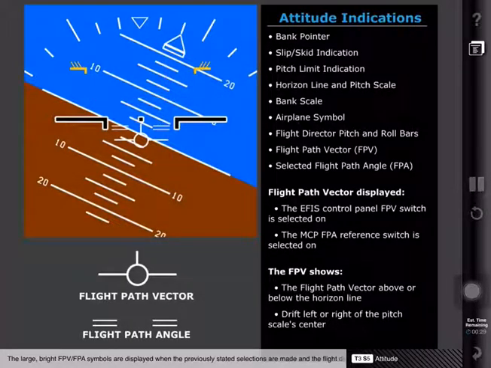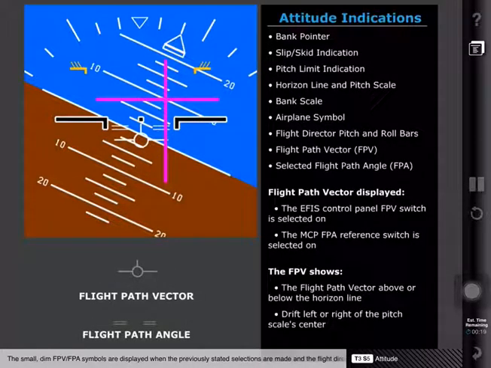The large, bright FPV FPA symbols are displayed when the previously stated selections are made and the flight director is off. The small, dim FPV FPA symbols are displayed when the previously stated selections are made and the flight director is displayed. Review the attitude information and press Continue to resume the lesson.